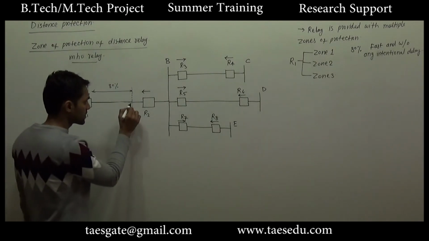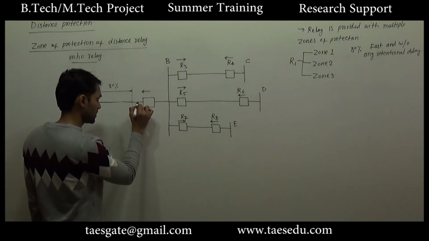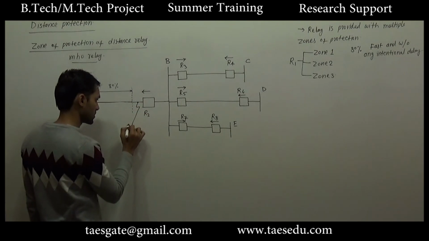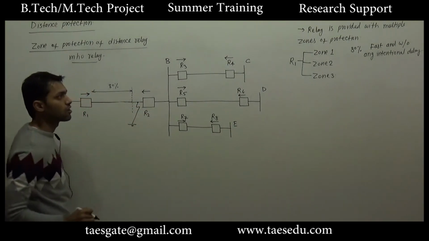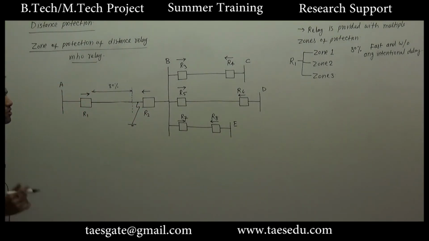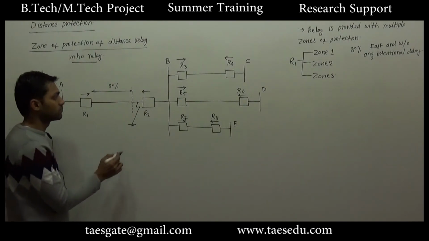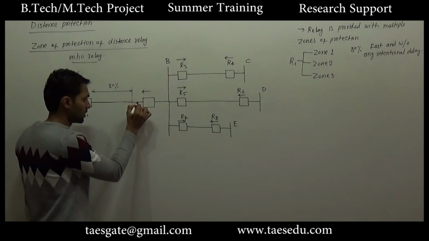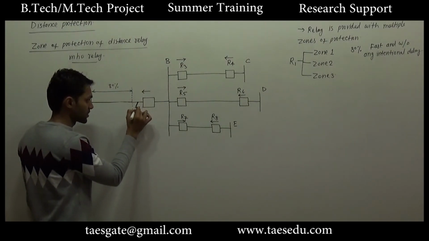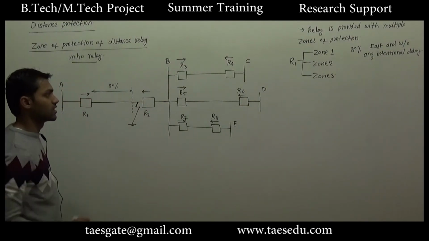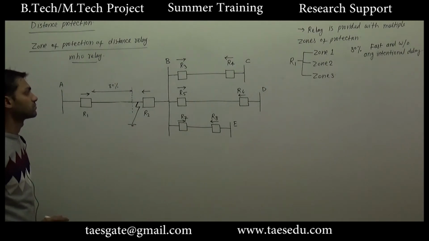If a fault occurs beyond 80% of the line, let's say a fault occurs at 90% of the line, this fault will not be detected by zone 1 protection of relay 1. But it does not mean there is no provision for detection of this fault. This fault will be detected by zone 2 protection.